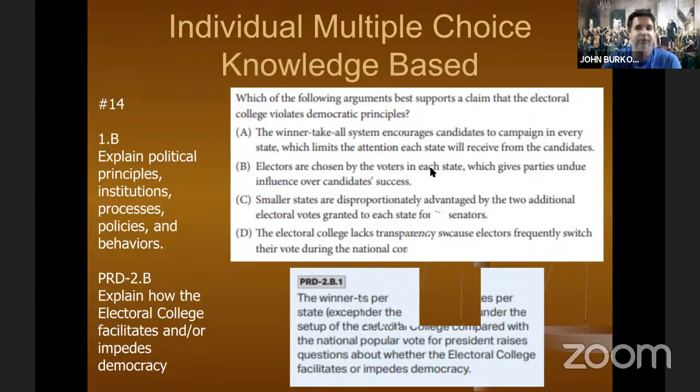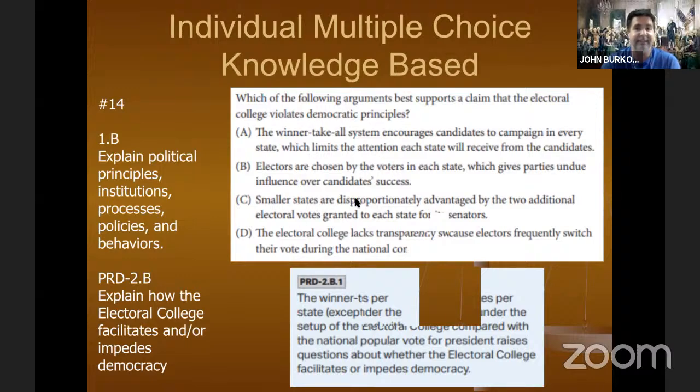Electors are chosen by the voters in each state, which gives parties undue influence over candidates' success. Well, electors chosen by the voters in each state is pretty democratic. So, smaller states are disproportionately advantaged by the 2 additional electoral votes granted each state for its senators. That's where we can start saying violates democratic principles.